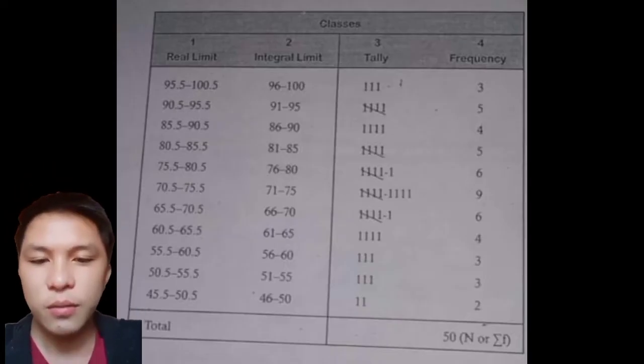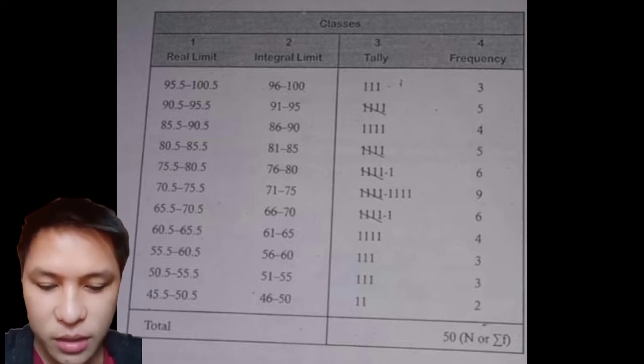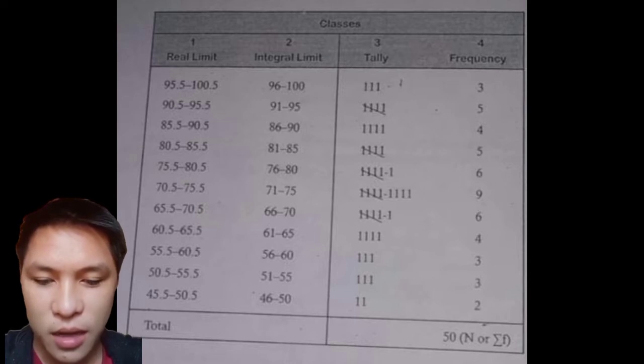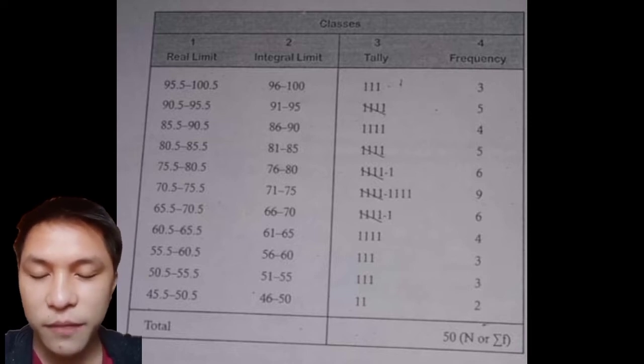So now we are going to discuss the table. In this example, our real limits are 95.5 to 100.5, then 90.5 to 95.5, and so on.